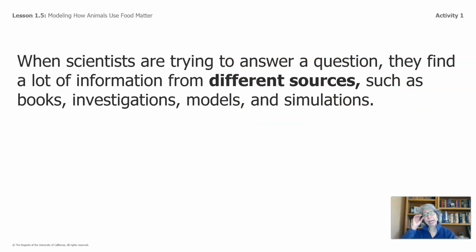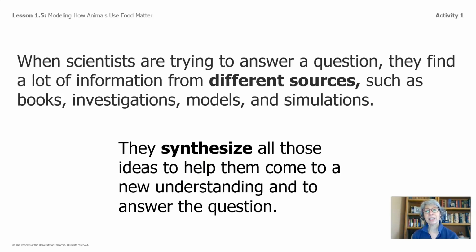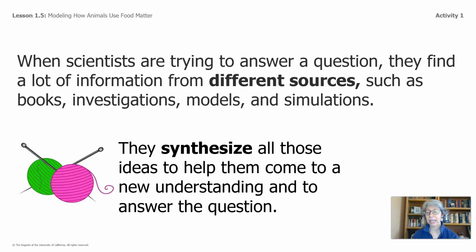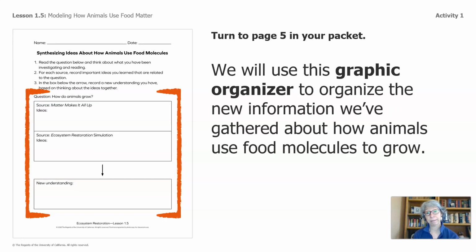Okay, when scientists are trying to answer a question, they find a lot of information from different sources, such as books, investigations, models, simulations. They synthesize all those ideas to help them come to a new understanding and to answer the question that they're seeking.